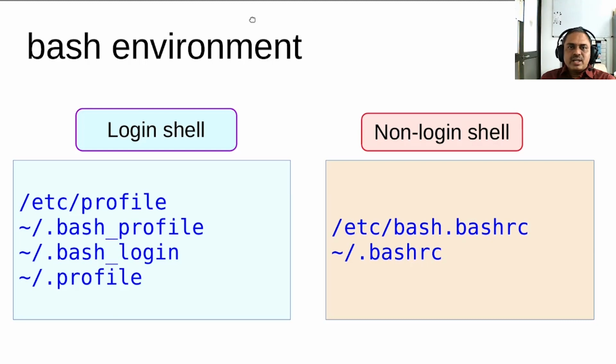Now, there are a set of files that are processed to prepare the environment for you, and these are different for the login shells and the non-login shells. Here I have listed some typical file names where such commands and shell scripts are located.